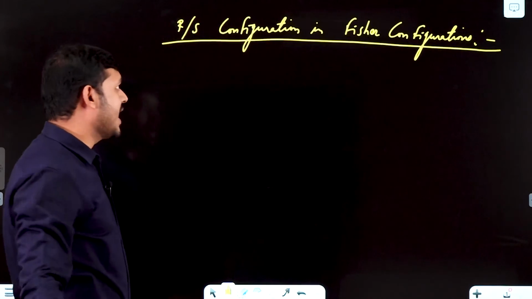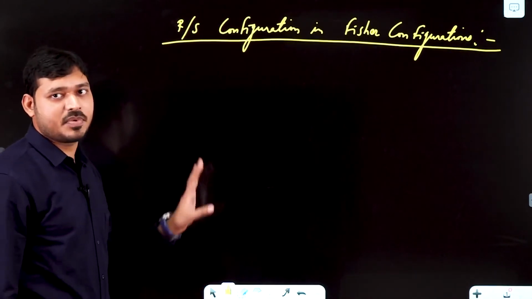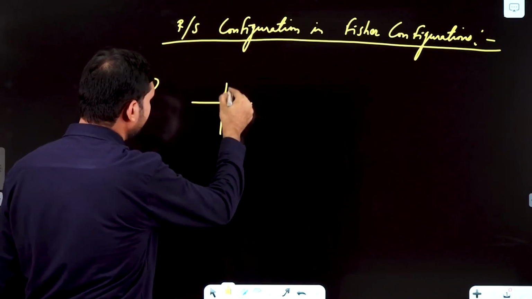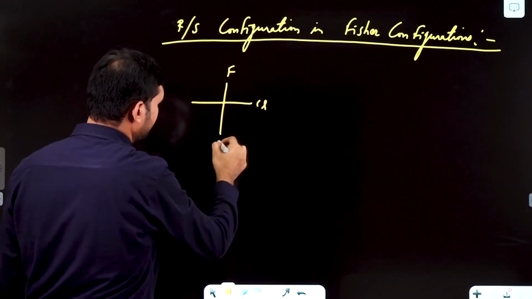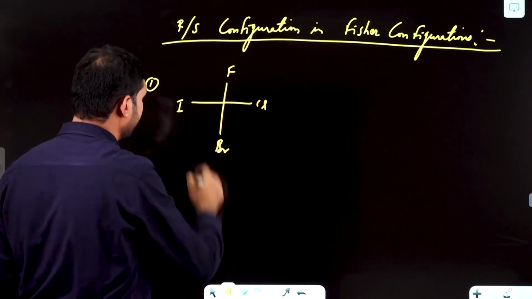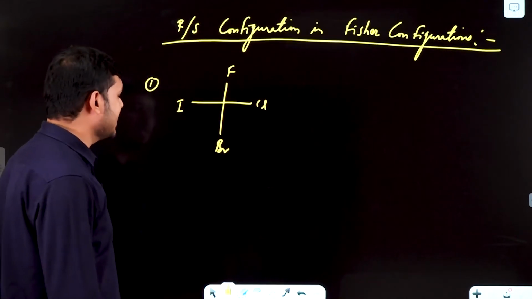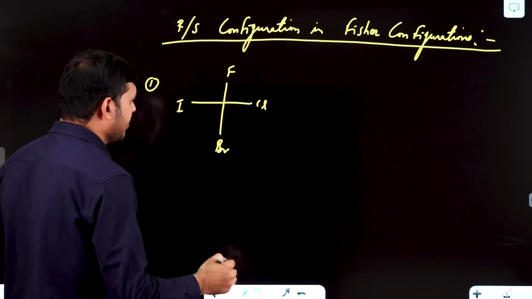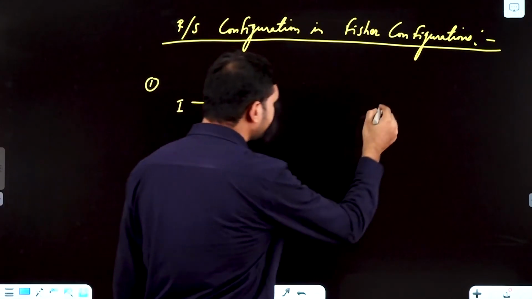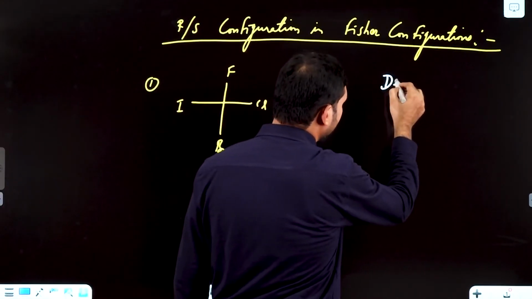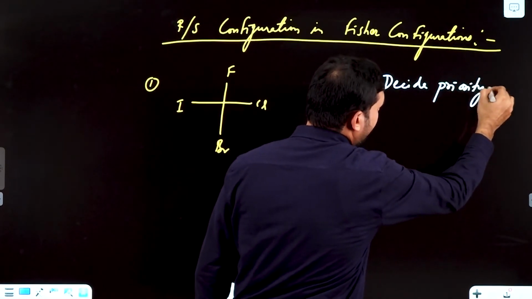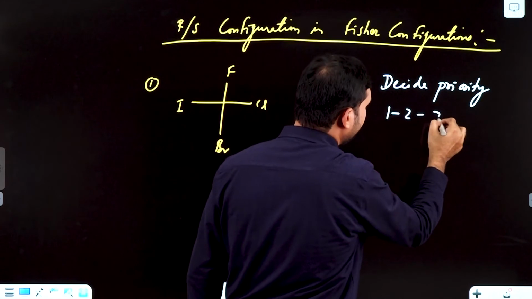Now let's find RS configuration in Fischer projection. Okay. Now understand this one. Here also the same rule is applicable. The rule will be: decide priority 1, 2, 3, 4.